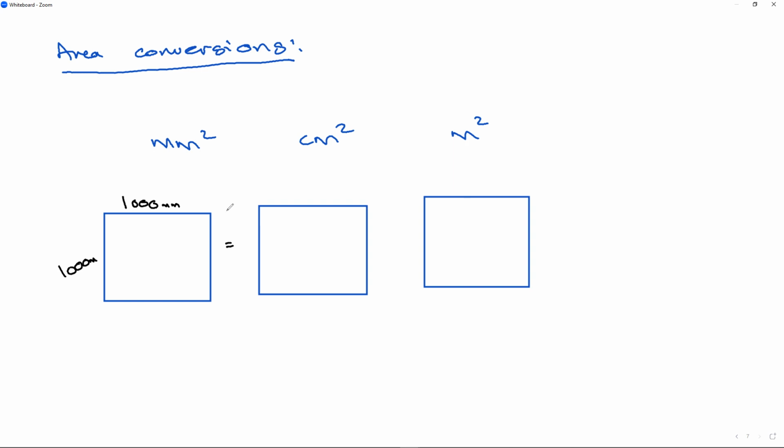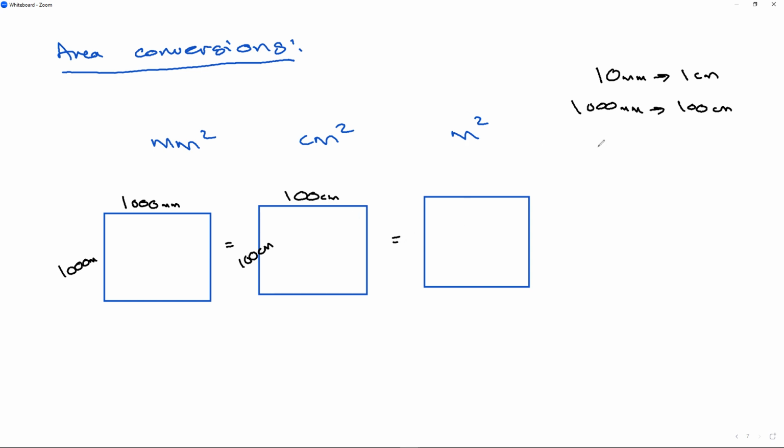It's the equivalent in centimeters. We know 10 millimeters is the equivalent of 1 centimeter. So if you've got 1,000 of these, you're dividing by 10, so you get to 100 centimeters by 100 centimeters.